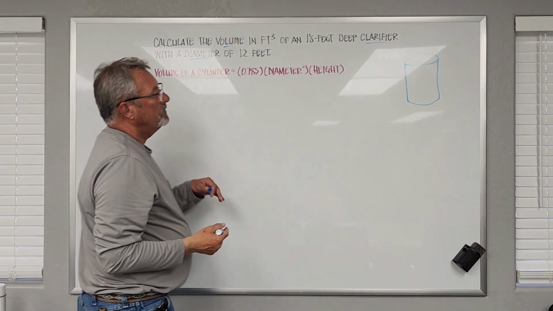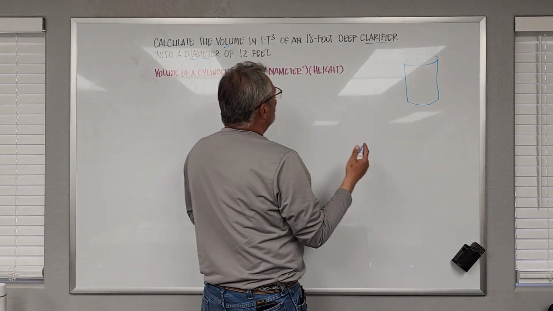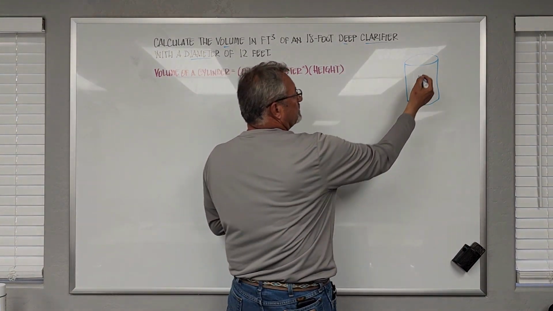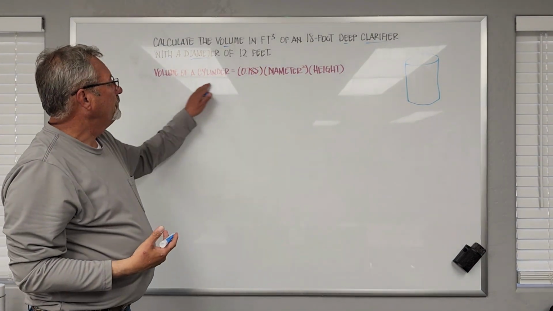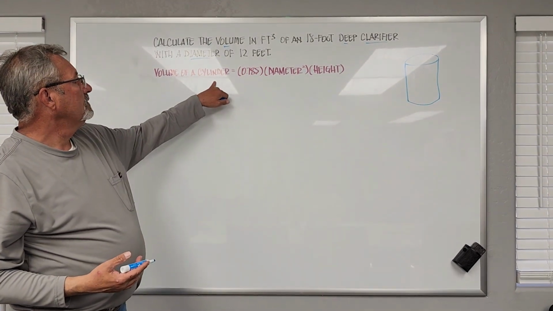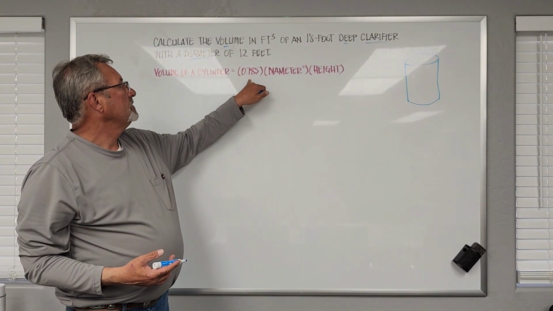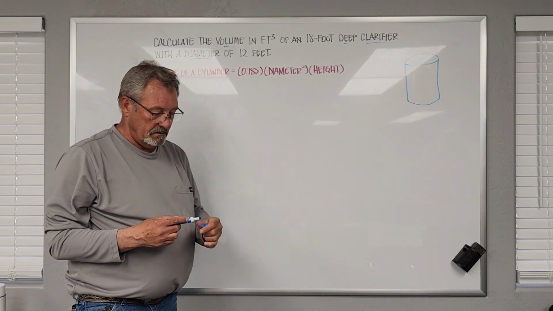So when you see diameter, and then you see deep, you know that you're looking for a cylinder. That's the formula that you want to use. And the formula that's in the ABC math formula sheet is volume of a cylinder equals 0.785 times the diameter squared times the height.